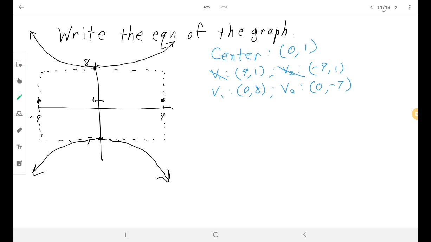Those are the vertices because those are where the curves actually touch the rectangle. Okay, sorry for that confusion. So there is some information. We know our A distance, that's the distance from the center to each vertex. We need that. We can count that.